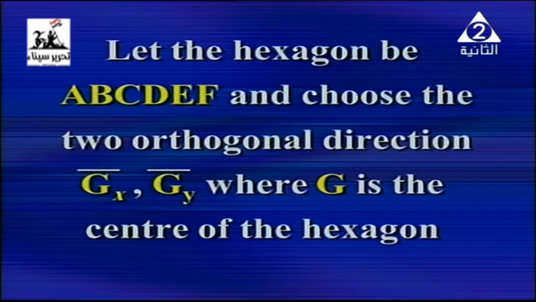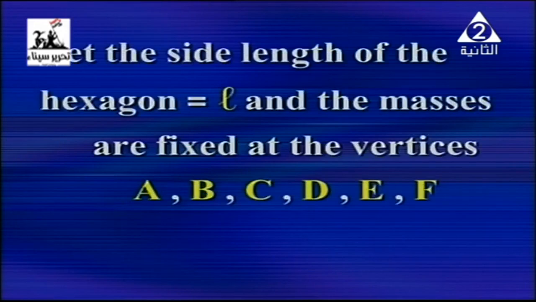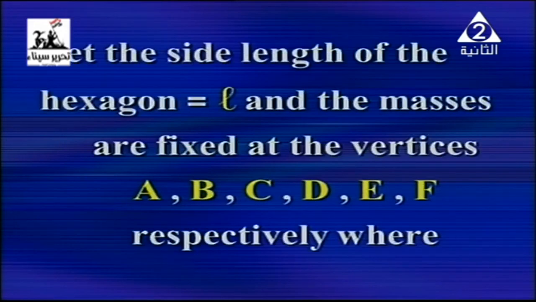Dear student, let the hexagon be A, B, C, D, E, F and choose two orthogonal directions G x, y, where G is the center of the hexagon. Also, let the side length of the hexagon equal L centimeter and the masses be fixed at the vertices A, B, C, D, E, F respectively.